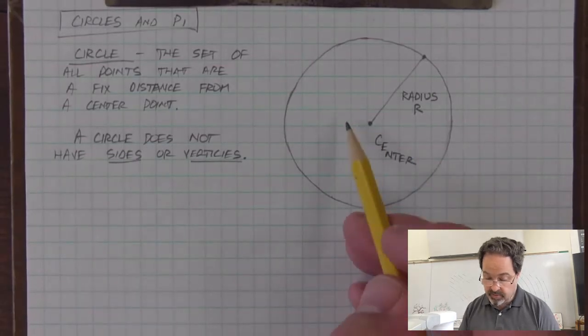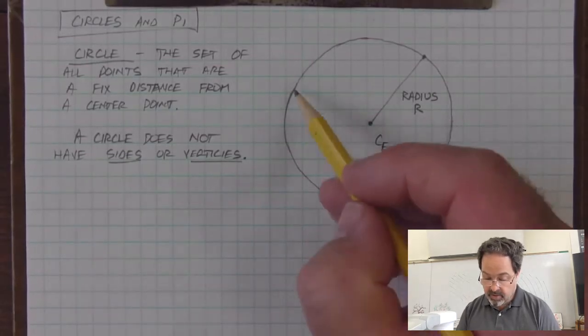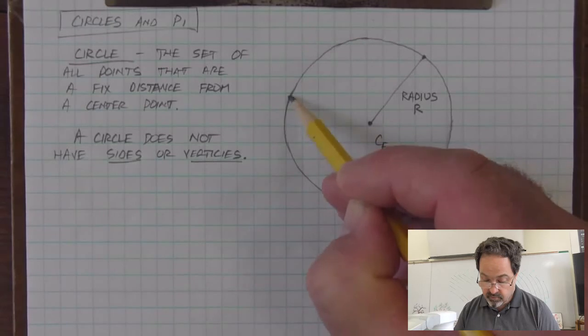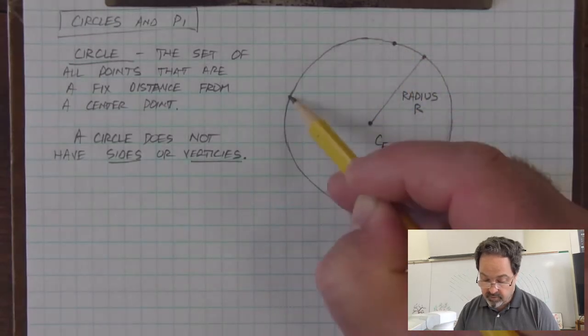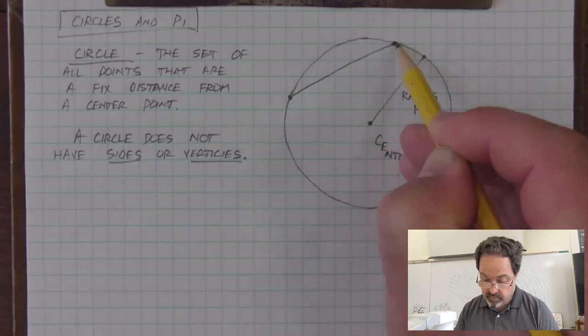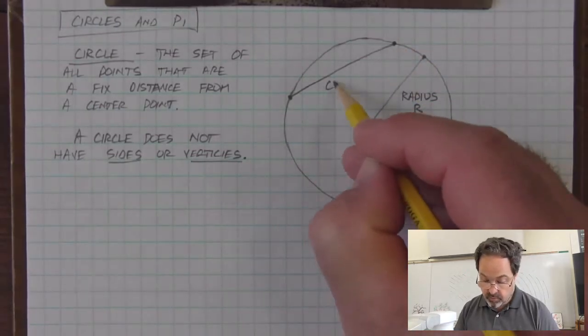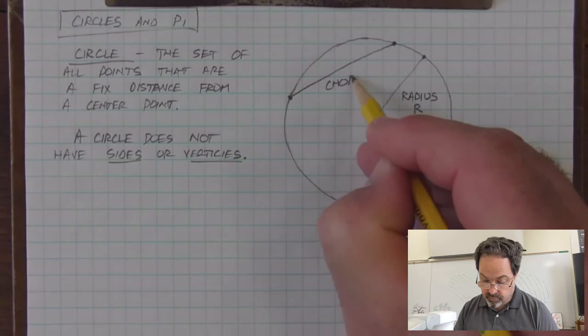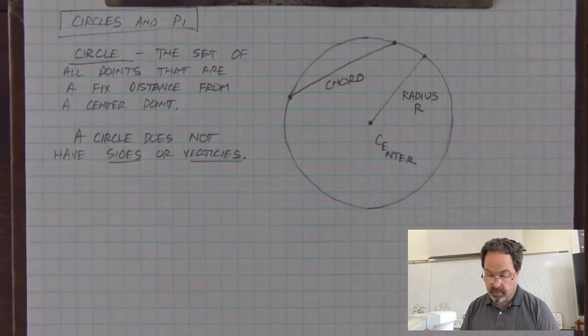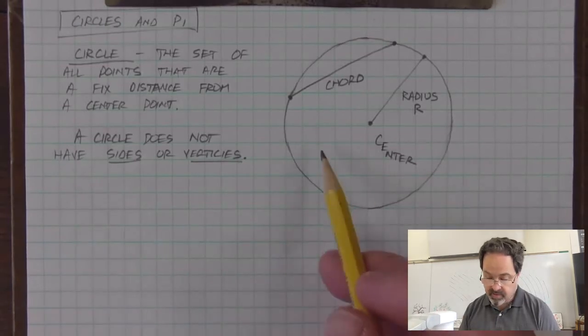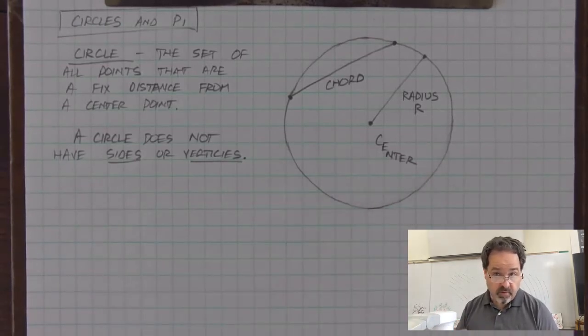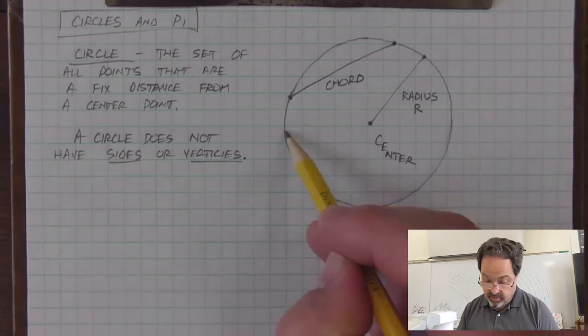A couple more things to label in a circle. The distance across the circle, I could draw an example of. From one point to another point on the circle is called a chord of the circle. Most people are familiar with the word diameter. A diameter is a very specific chord, a very specific distance from one side to the other.